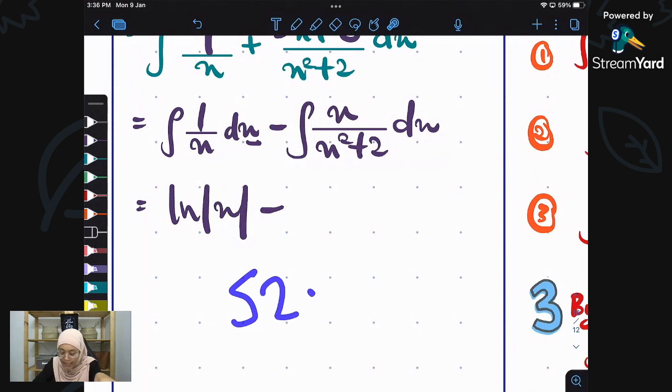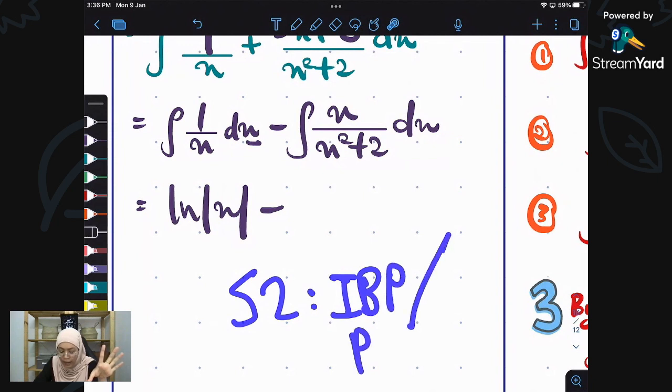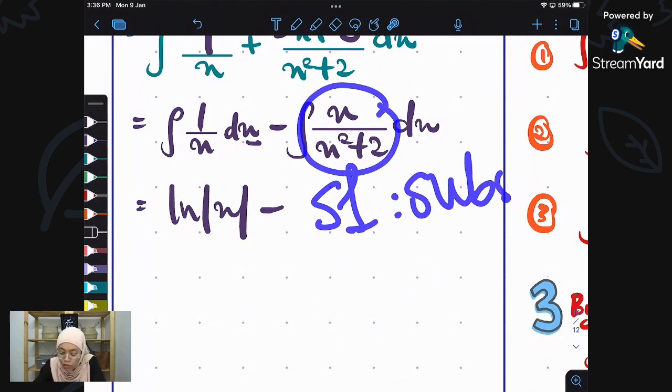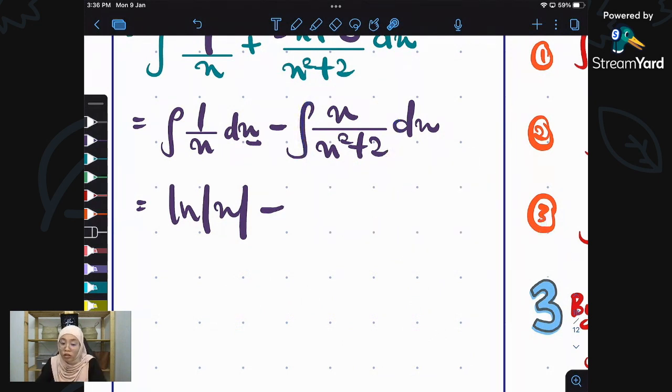Step kedua ni macam kena eksperimen sikit lah, kena fikir lebih sikit sama ada aku perlu pakai IBP atau aku perlu pakai partial fraction. So tak apa, anyhow we still gonna start with step 1, which is try substitution method dahulu.